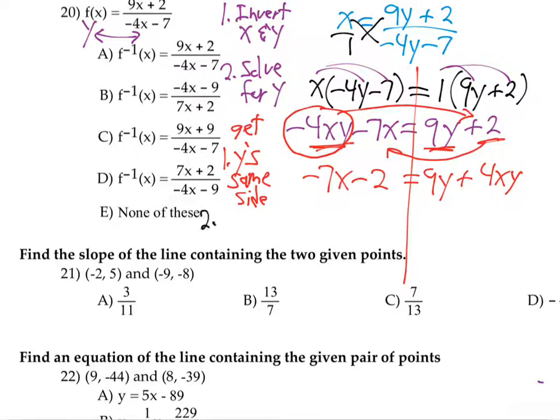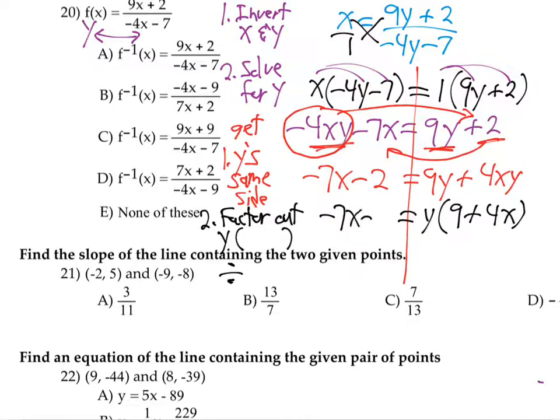Step 2, factor out y with a parenthesis and then divide. So I'm going to factor out y here. 9 plus 4x. See, I'm getting a little scribbly here.